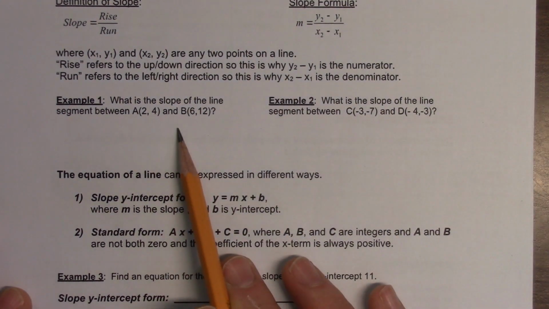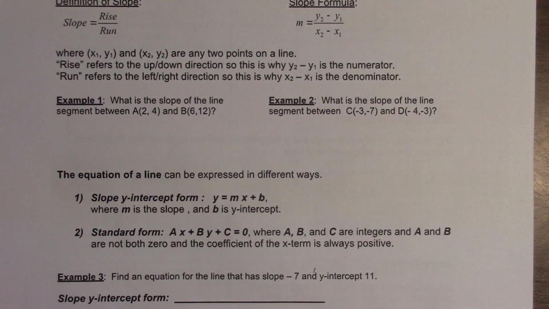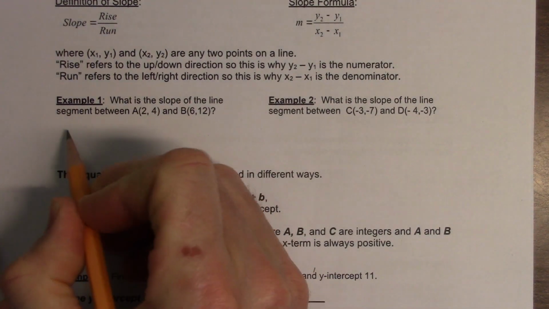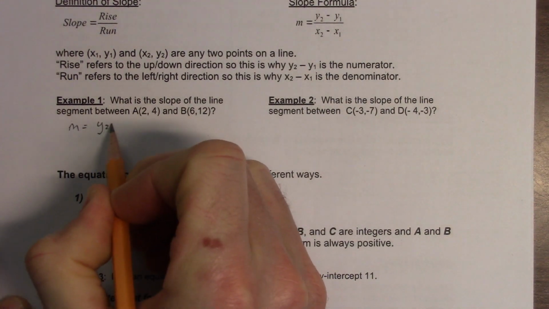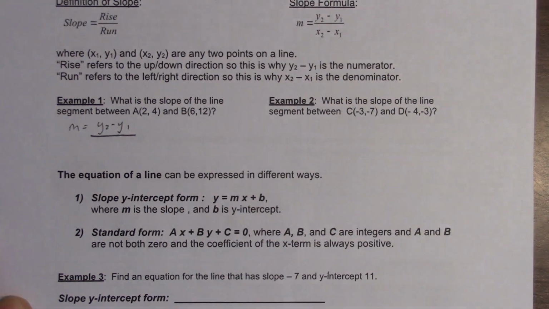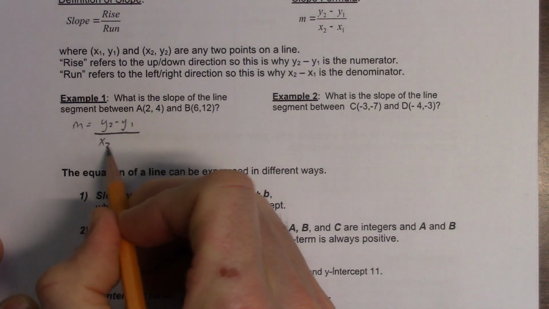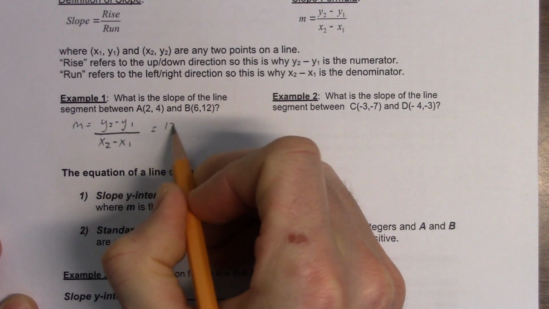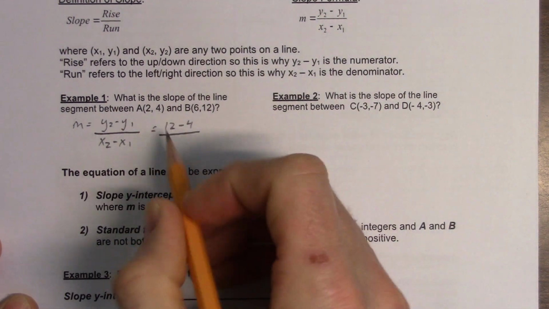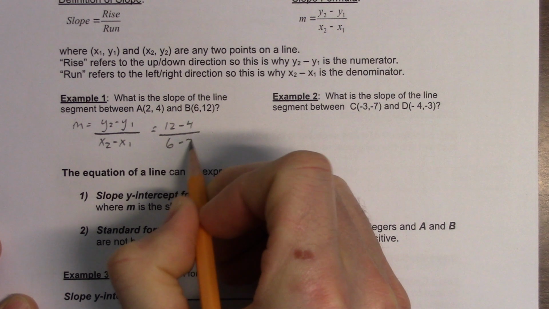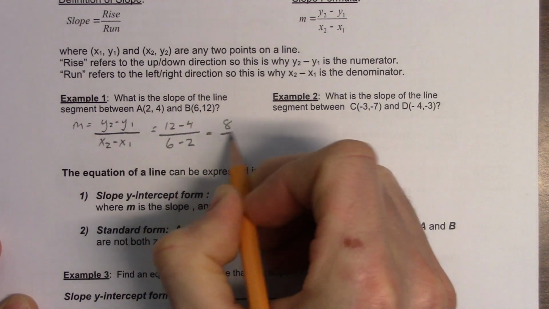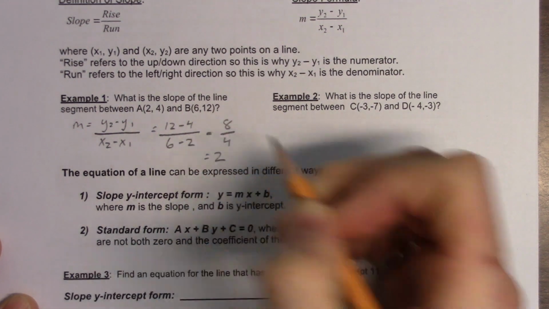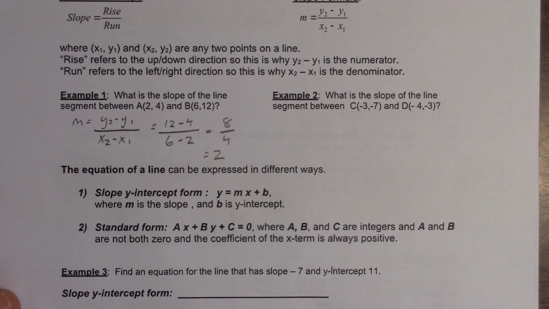Who can tell me how to get the slope of this line? Yeah, Ethan. Over x2 minus x1. Okay, so we get y2 over here. Okay, our slope is 2.